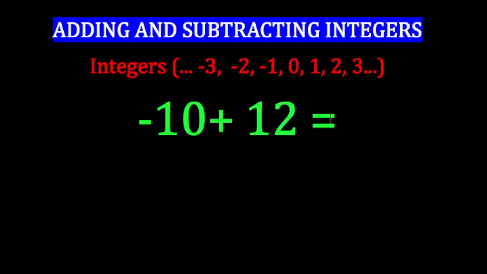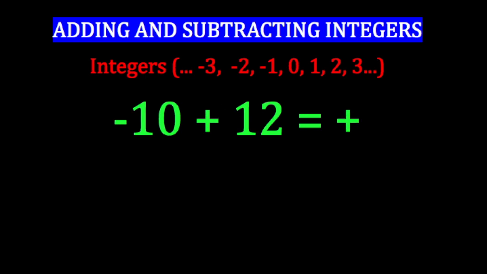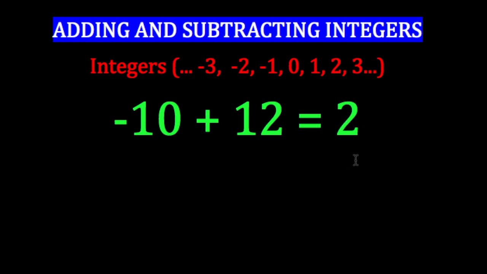So in this case, you put enough money in the bank to cover the amount that you owe the bank, which is $10, plus you have an extra $2 that's gonna show as a positive number in your account because that money belongs to you. You already paid the bank. So this -10 plus 12, the answer is +2 or just the number 2. Okay?